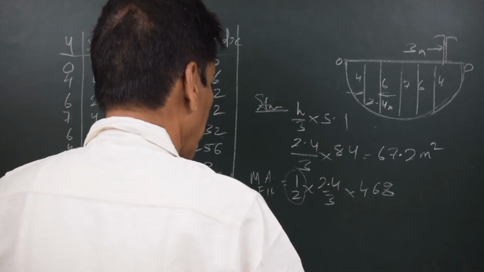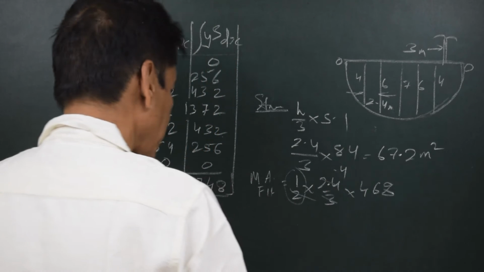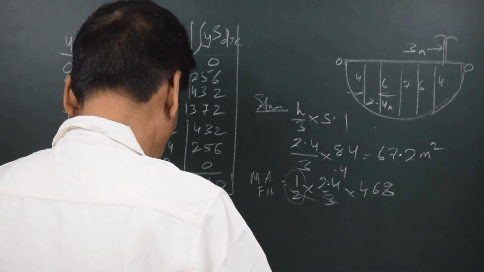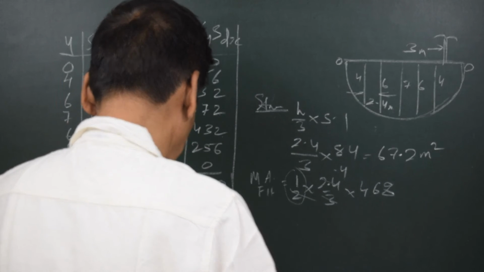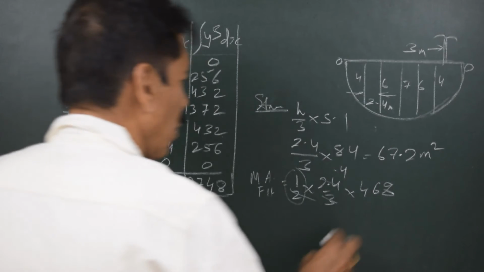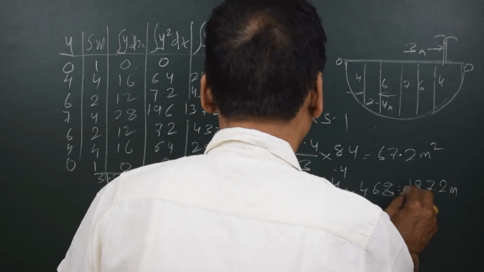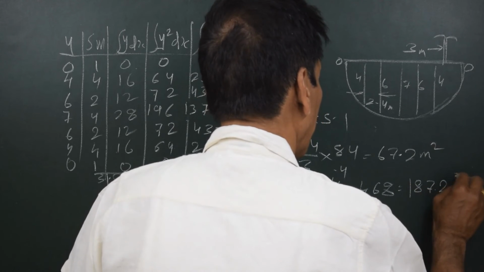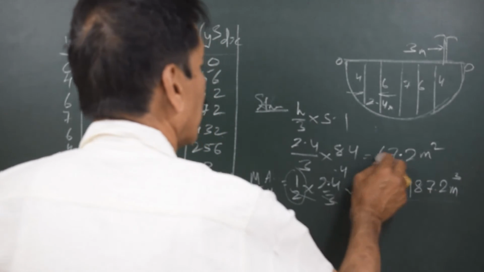So this is 0.4 here. So 0.4 into 468 gives me 187.2 meter cube. So this is moment of area about the flat side, and this is the area.